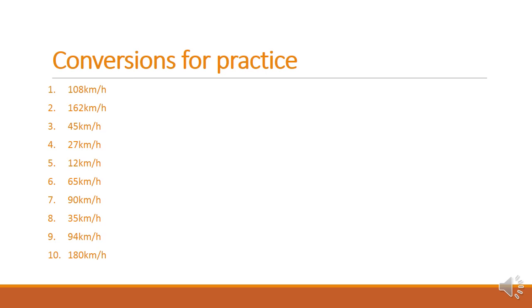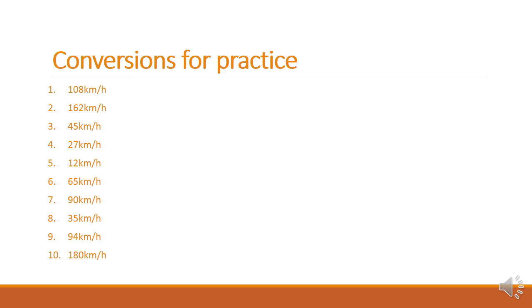Now here are your practice conversions. You will be converting 108 km per hour, 162 km per hour, 45 km per hour, 27 km per hour, 12, 65, 90, 35, 94 and 180 km per hour. All of them you have to convert into meter per second.